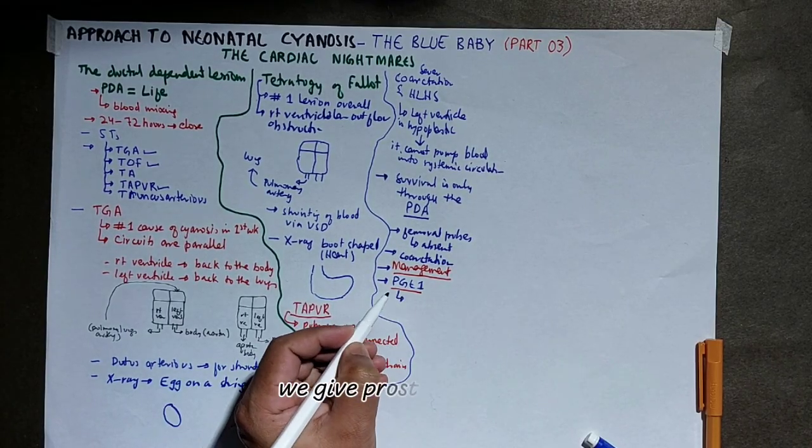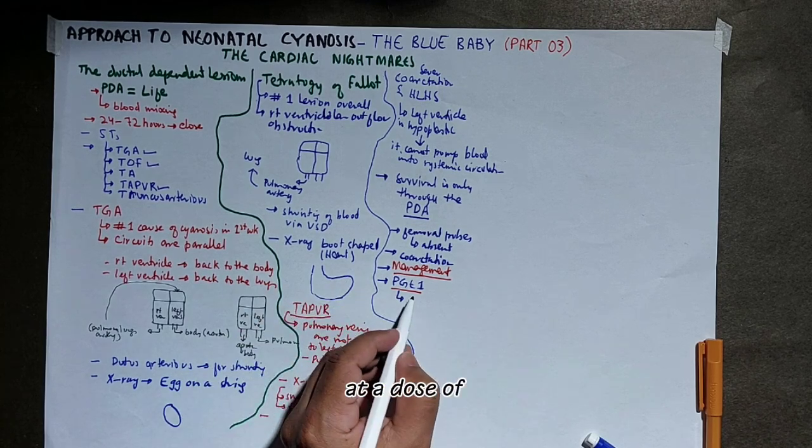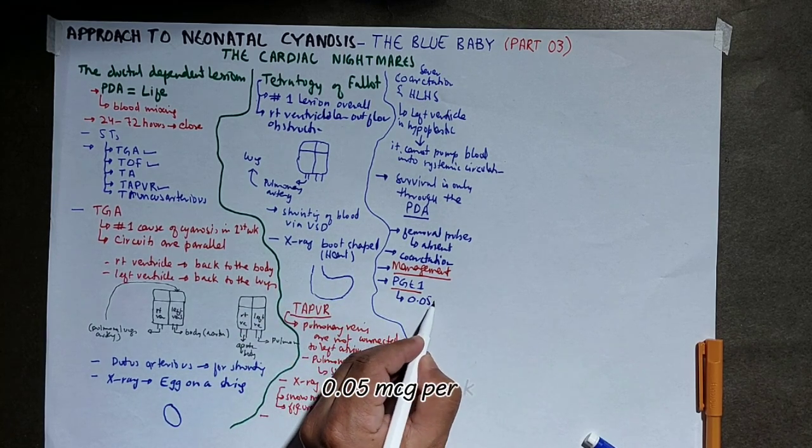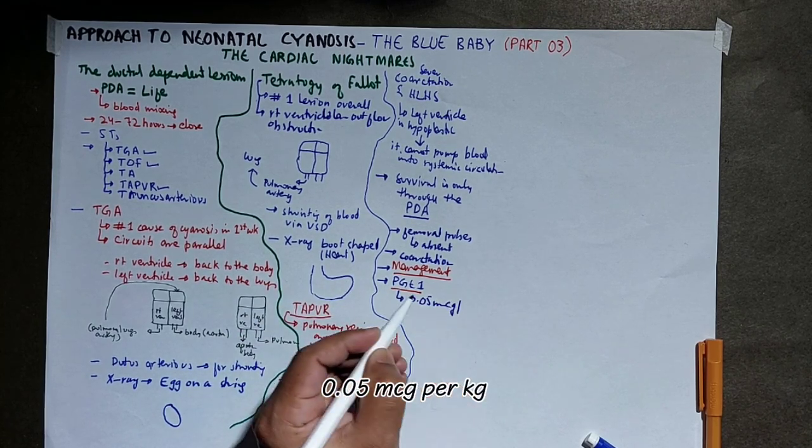We give prostaglandin E1 at a dose of 0.05 mcg per kg per minute.